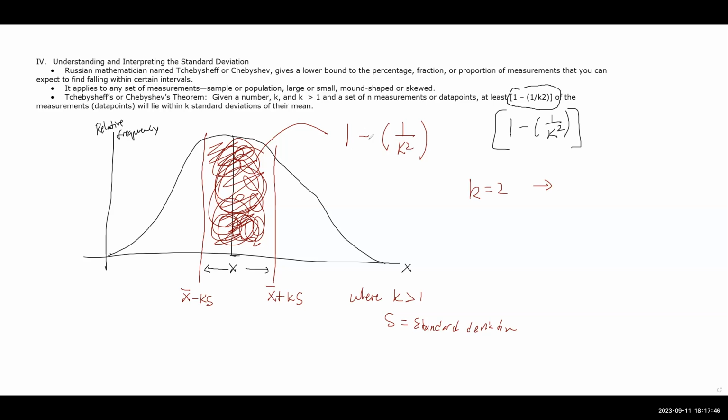So 1 minus 1/4, or 75% of data is within 2 standard deviations from the mean.